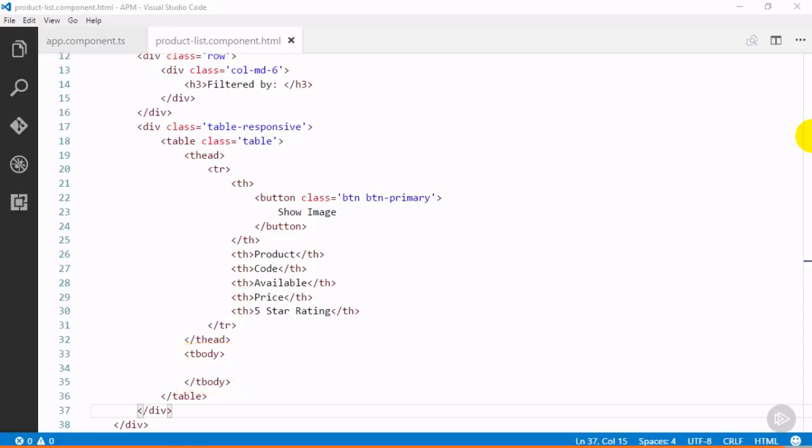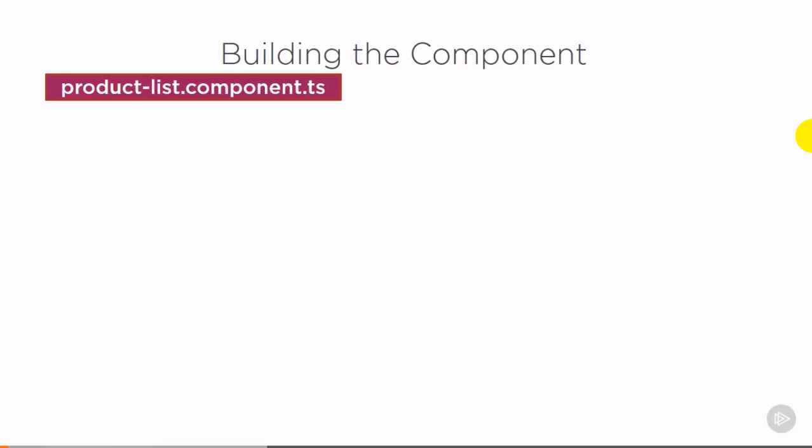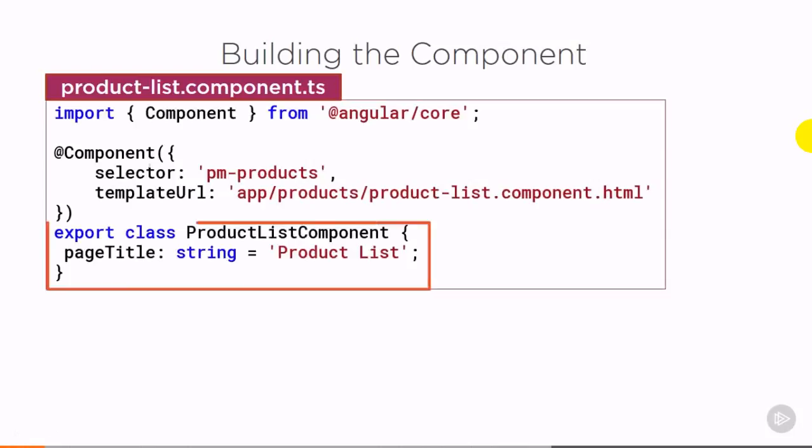So we have the start of a template defined for our component. Now what? If you said we need to build the component, you are exactly right. Remember the steps for building a component that we covered in the last module? We define a class.